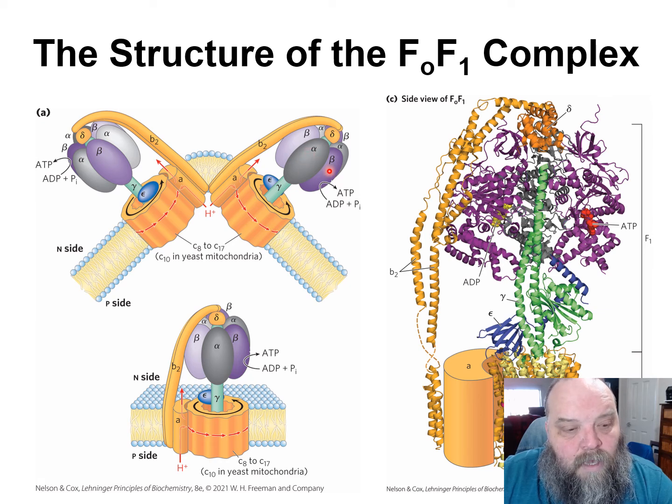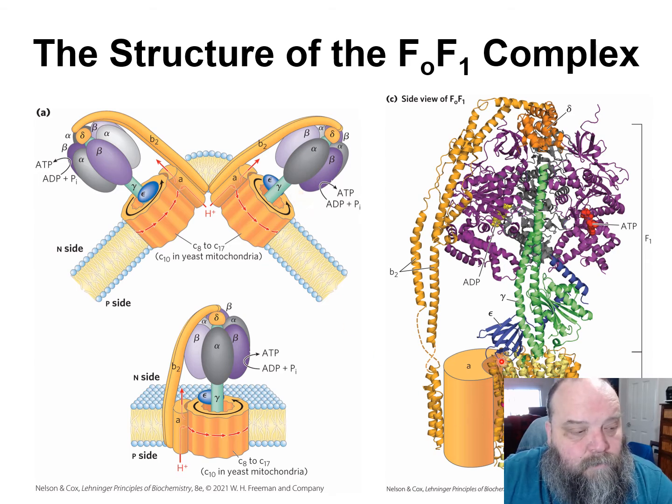Here's the F1 subunits that will take ADP, and the betas will then produce ATP. Going from intermembrane space to the matrix is where the hydrogens are flowing through. This is the computer ribbon model of everything that the artist has drawn here.